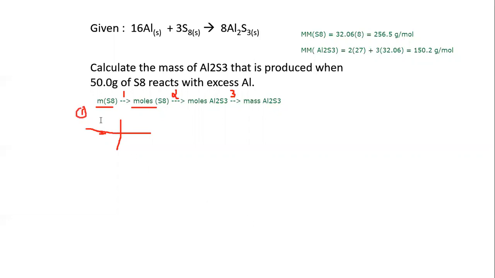So we have 50 grams of S8. We're going to divide by the molar mass, which is 256.5 grams of S8 in 1 mole of S8. So this will give us the moles of S8.